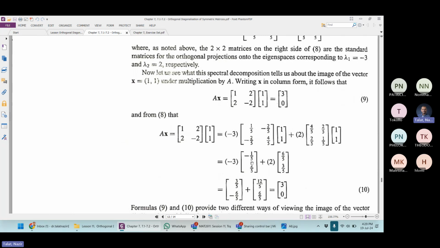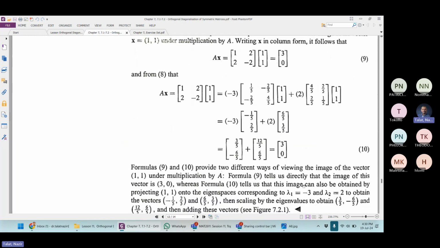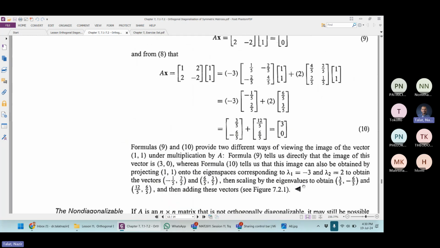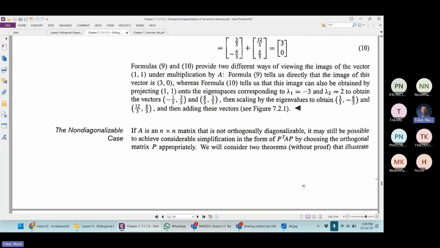Now multiply the first vector by -3 and the second vector by 2, and after adding them you will get again 3 0. It means Ax equals 3 0 here and Ax equals 3 0 over here. Either you multiply such a vector with A or with its decomposition, the answer always becomes the same. So this formula always works and gives us this kind of decomposition.